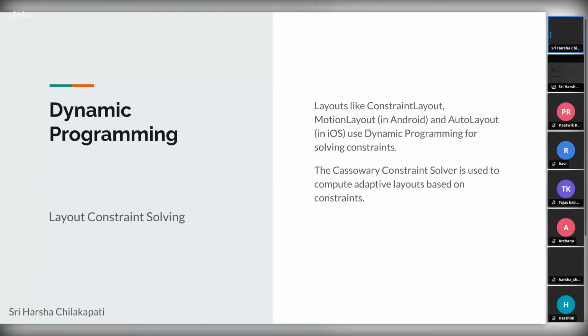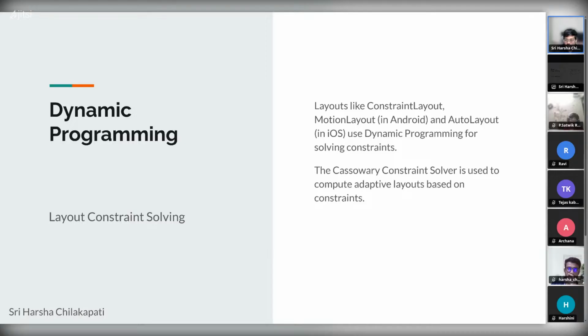In Android, there are layouts like ConstraintLayout and MotionLayout, which is for animation, by the way. And in iOS, there is something called Auto Layout, and both of them use dynamic programming for solving the constraints. You don't need to know exactly right now what those constraints are or how that works, but just know that they are based on dynamic programming.